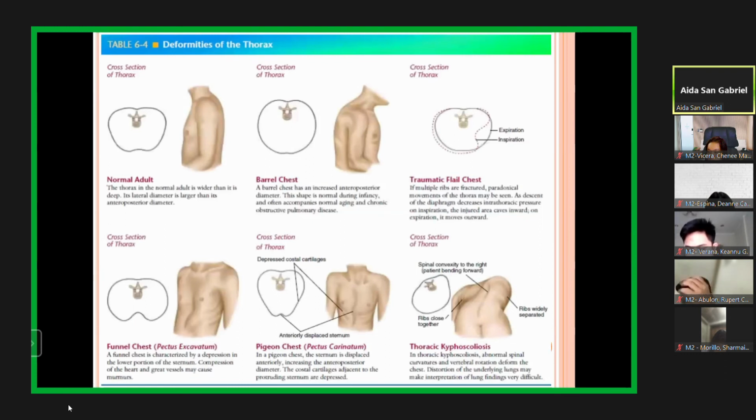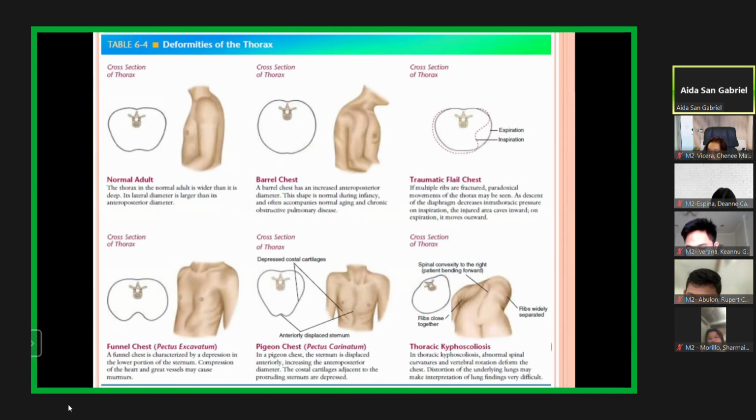This chart will show you abnormalities in the thoracic cage. The thorax in the normal adult is wider than it is deep, meaning its lateral diameter is larger than its anterior-posterior diameter.